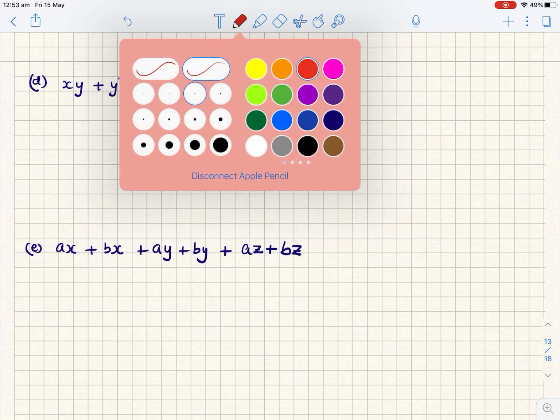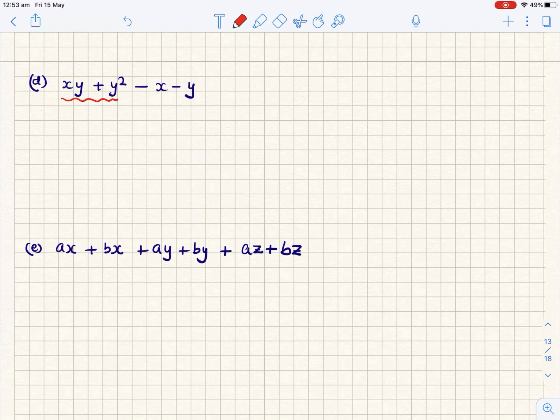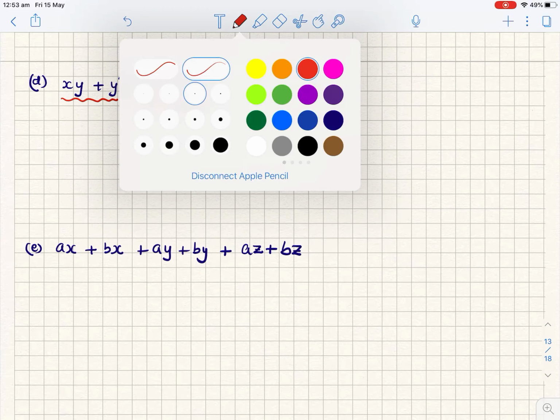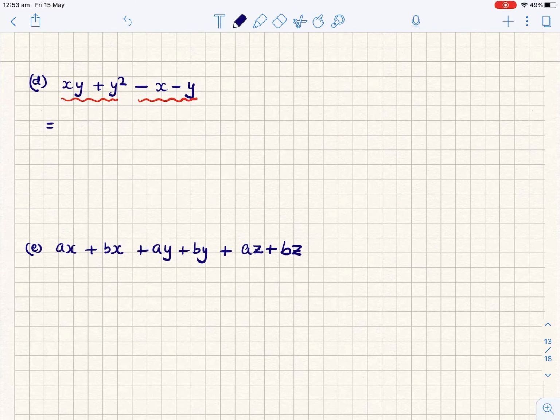Now, again, look for first two terms and the last two terms. Highest common factor of first two terms is y, and we are left with x and one of the y's. So that gives you x plus y. Now here there is no number common.